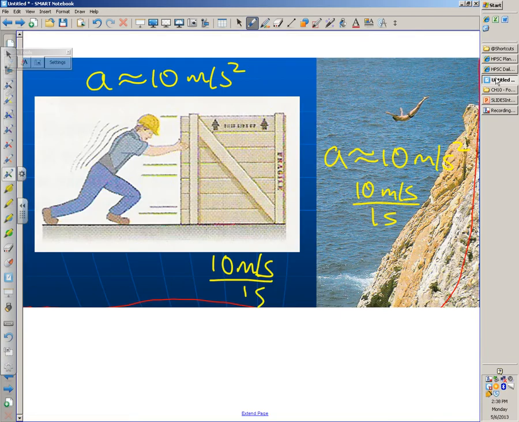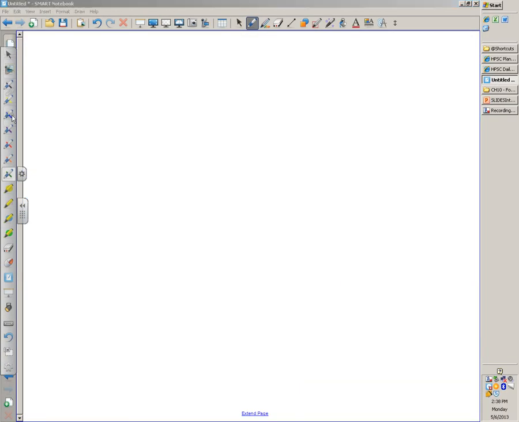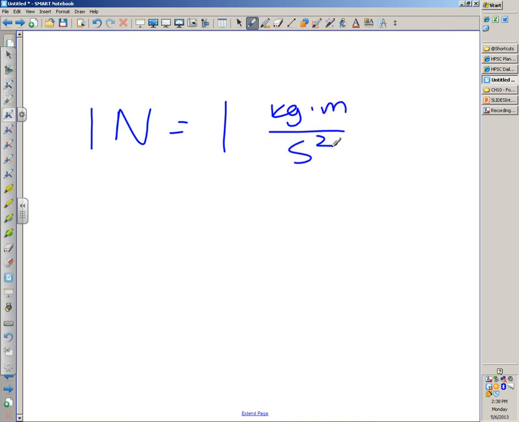What we find out, Becca, is that 1 Newton is actually a derived unit that is a combination of a bunch of other units. 1 Newton is defined as 1 kilogram times meter over second squared, which takes into account the mass of the object that we're moving and what kind of acceleration it causes.